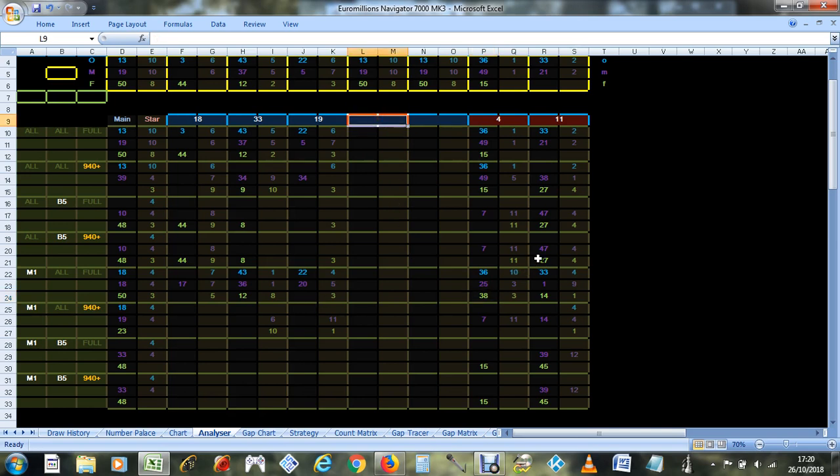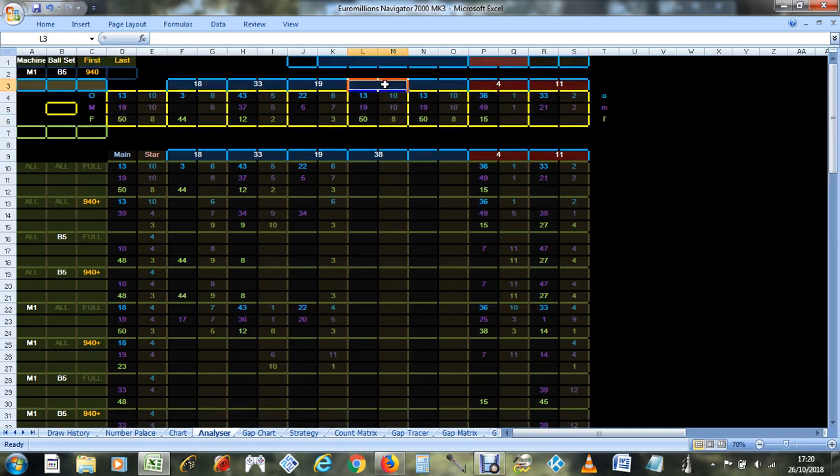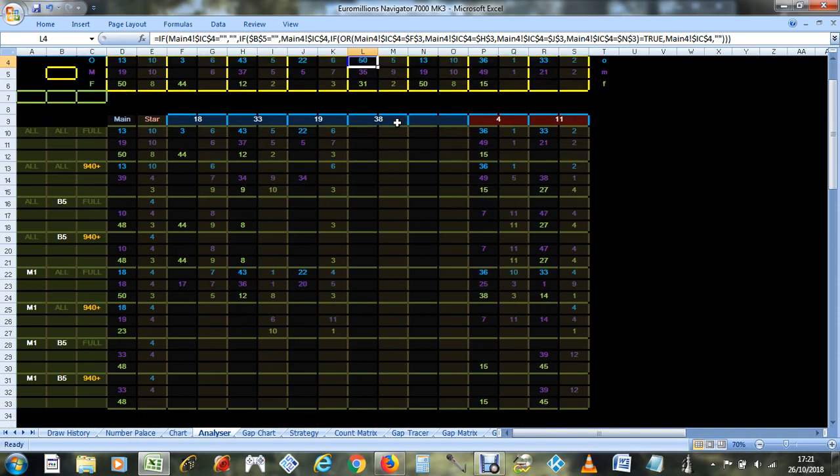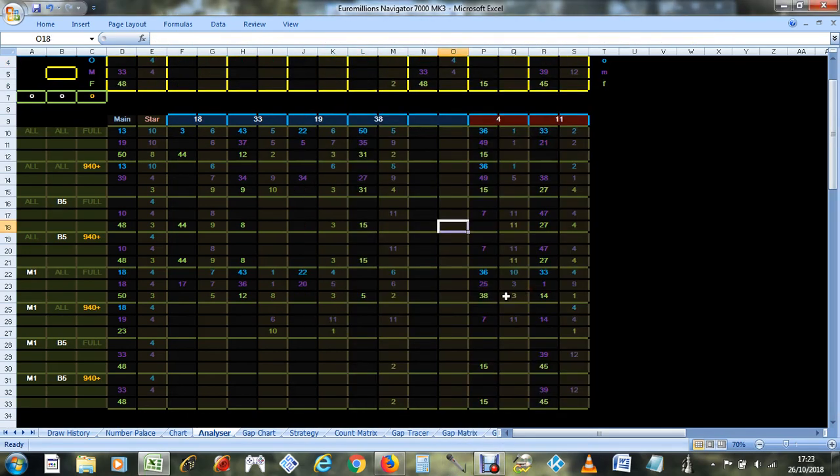So I'm going to do an analysis for that number. So I will instantaneously fill this column under number 38. Right, so that's filled in.